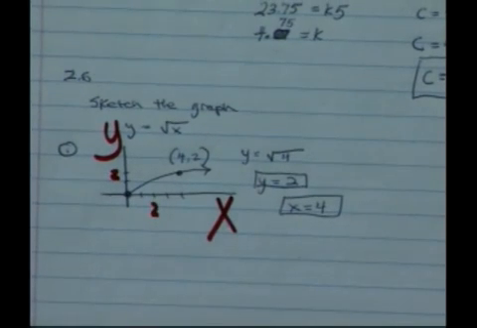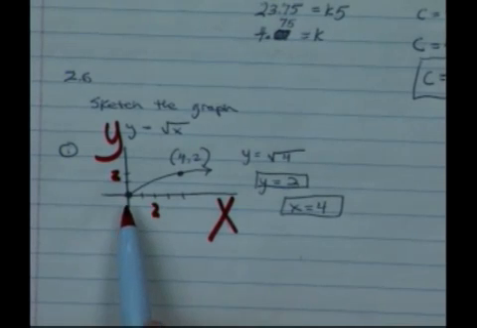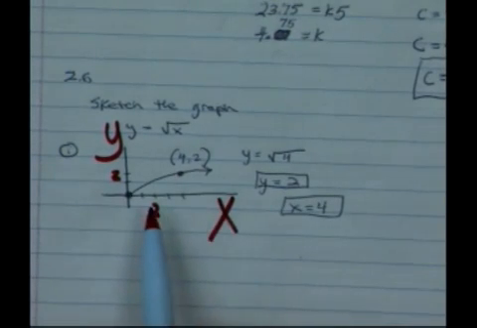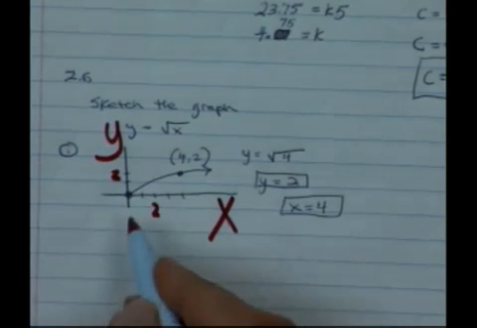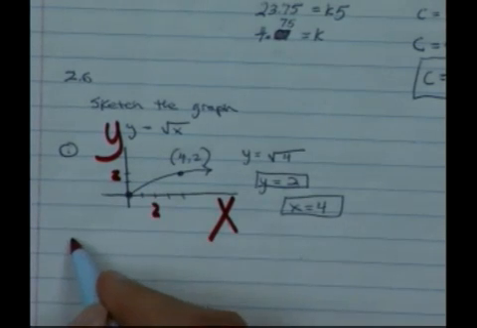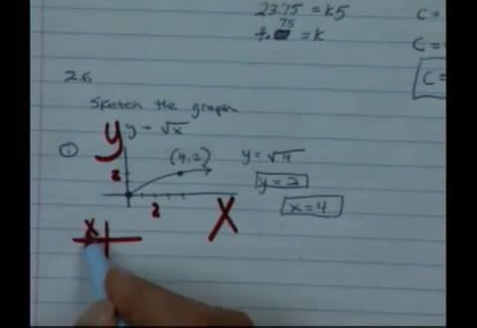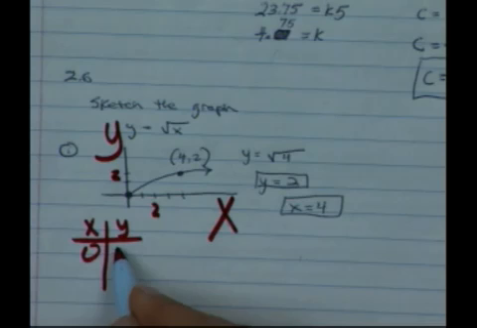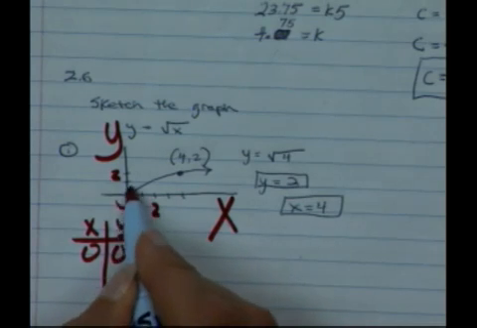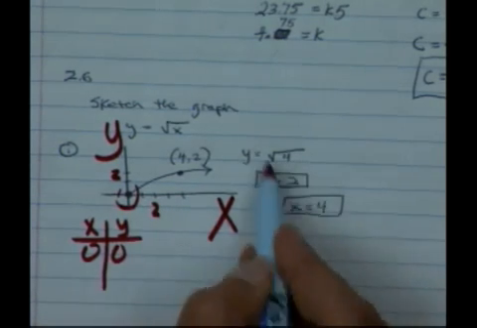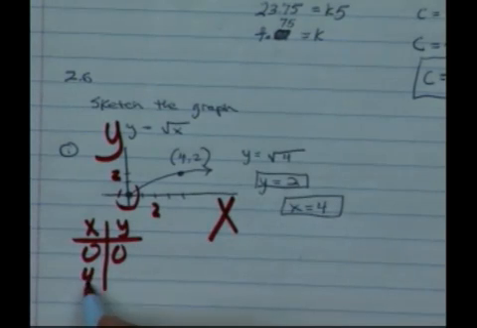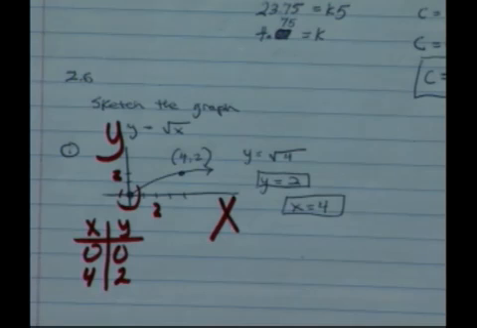Okay, and what I like is that you plotted a couple points to verify what it was. You have 0, 0, and if you wanted to set up a little chart, when x is 0, y is 0, that's this point right here. And you basically did this over here when x is 4, y is 2.